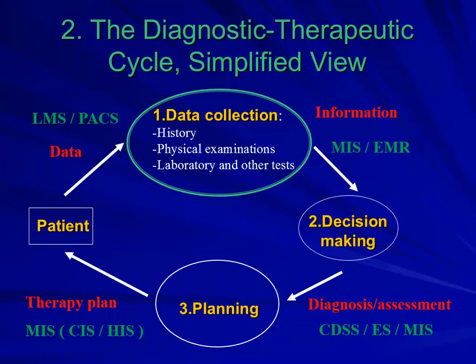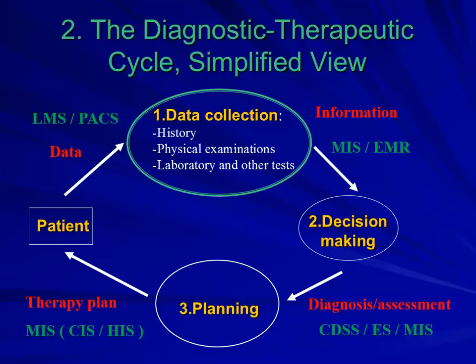Okay, and here I will move back to the possible implementation and role of information technology and the level of application of information technology within the conventional diagnostic therapeutic cycle. So first of all, we have a patient who asks for some kind of help.